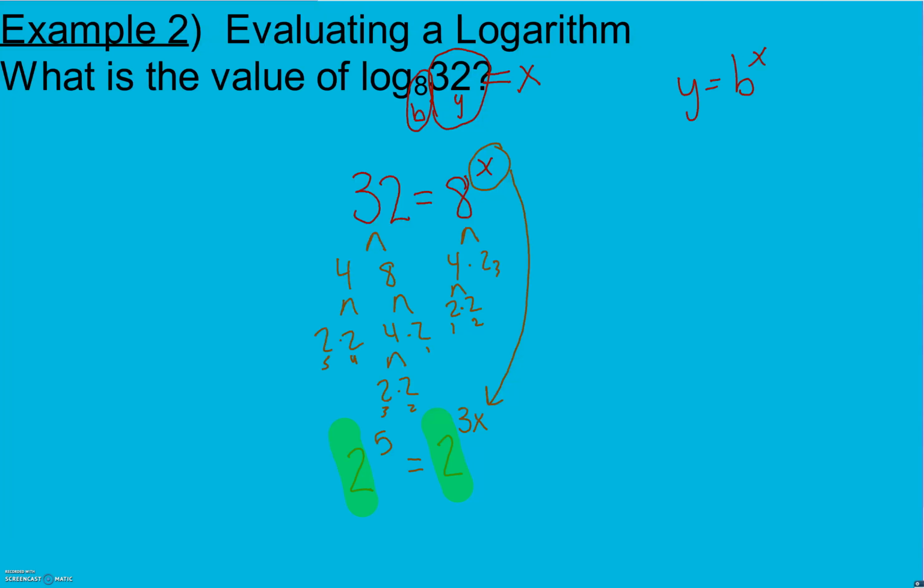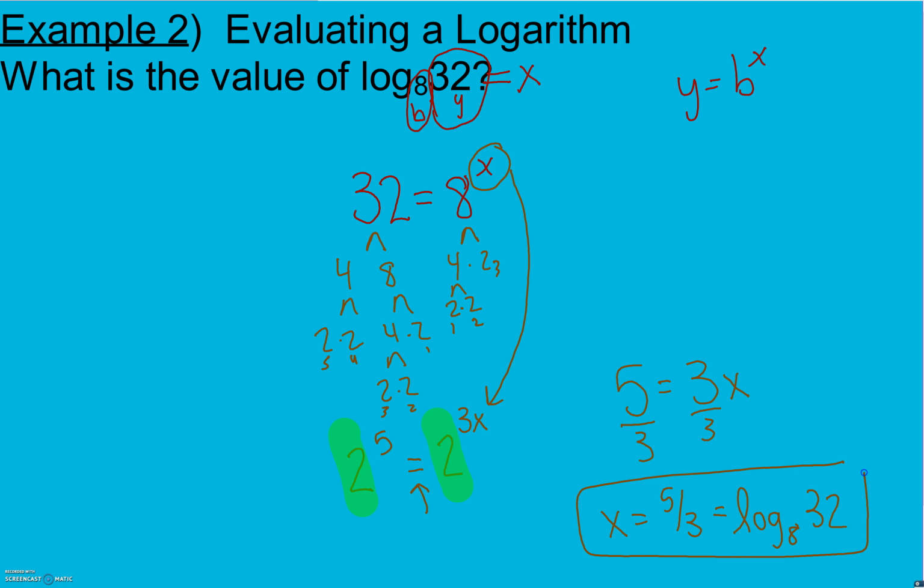So 5 equals 3x. Divide by 3, and x equals 5/3, which means 5/3 is what log base 8 of 32 equals, because that's what we said x was.